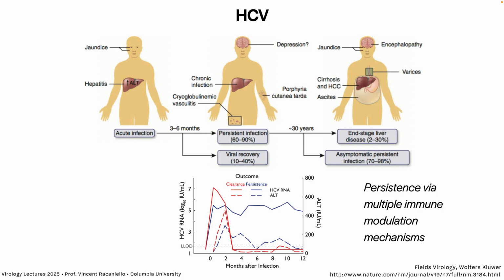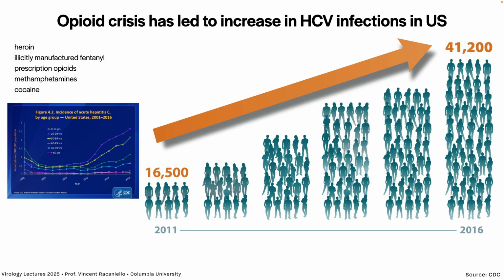And then that continues for 30 years. 70 to 98% of patients have an asymptomatic persistent infection, but 2 to 30% have end-stage liver disease. Right? So again, the persistence is the problem here. This virus also evades immunity in many different ways, which explains the persistence.